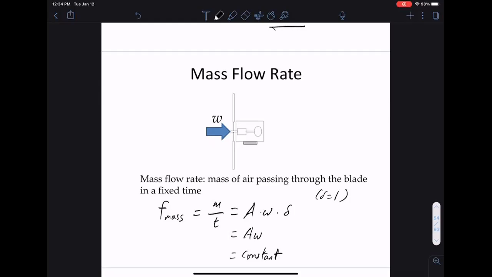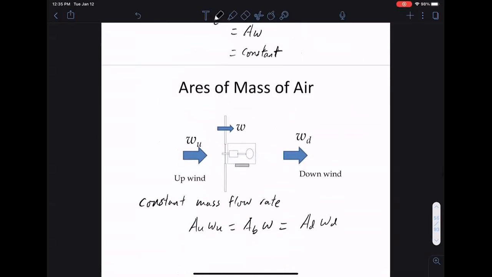So basically the area that the air passes through multiplied by the speed of the air is a constant. This tells us the rate of the mass moving through the system. Since this is constant, the speed and area are related by this equation.